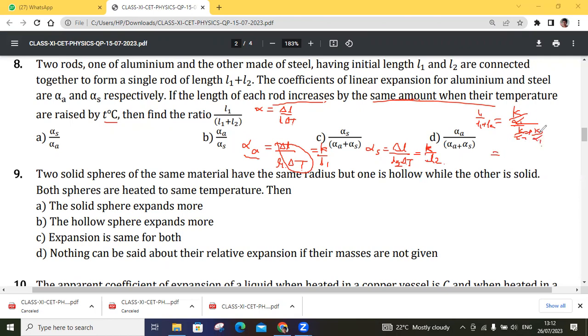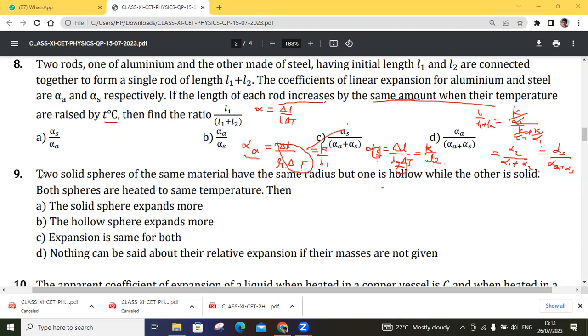So if you solve, what will you get? Alpha 1 plus alpha 2 divided by alpha 1 alpha 2, alpha 1 cancels. Alpha 2 by alpha 1 plus alpha 2. Alpha 2 means L2, so it is steel actually. So alpha S by alpha A plus alpha S. So option C.